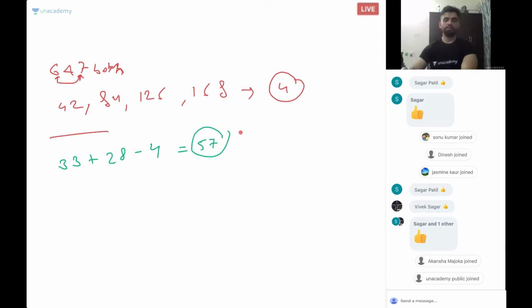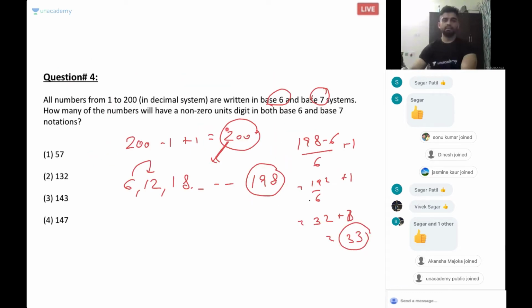So 57 numbers from 1 to 200 that are multiples of 6 or 7. Okay, that means there are 57 numbers between 1 to 200 that when converted to base 6 or base 7, they leave the units digit as 0.